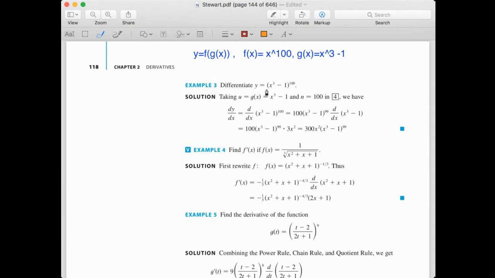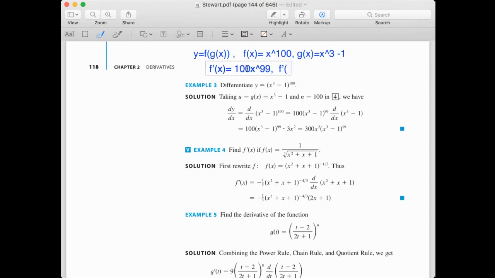We look at y as two layers of functions. The outside layer is to raise the input to the 100th power. The inside layer is to take the input, cube it, then subtract 1. Once we can do that, then we know how to take a derivative. Let's take a derivative of f. So what's f prime of x? It's 100 times x raised to 99, right?